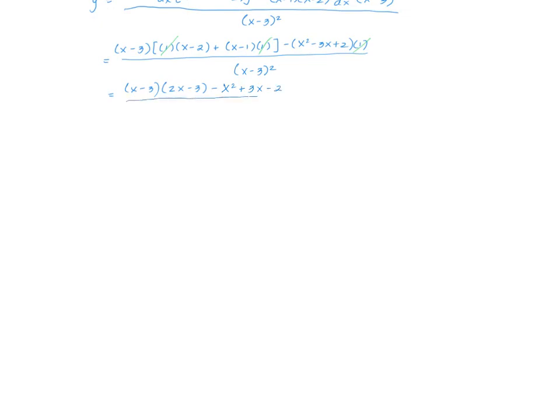And then I would have to multiply out those binomials. I doubt if anything's going to cancel though. To get 2x squared minus 6x minus 3x plus 9 minus x squared plus 3x minus 2.